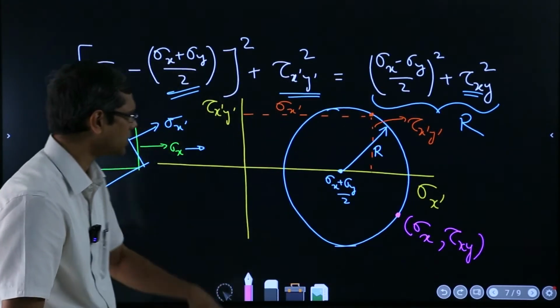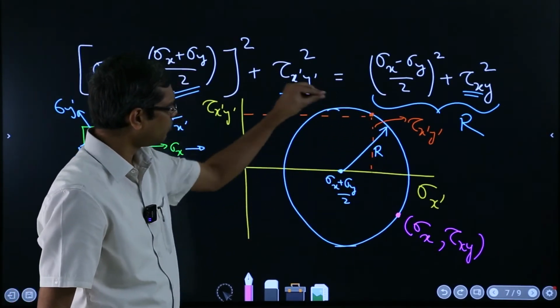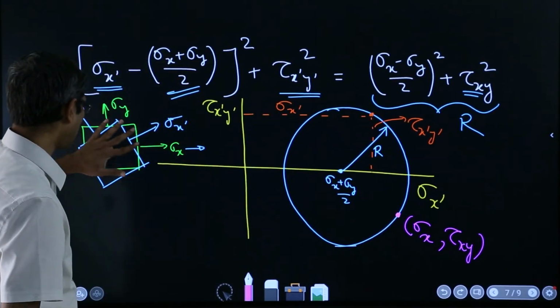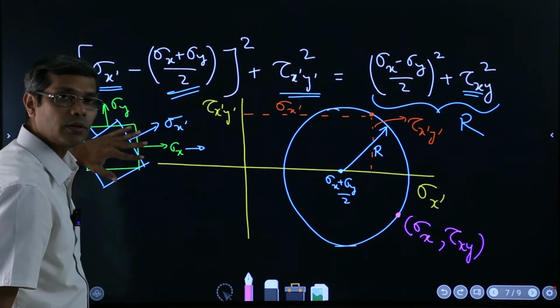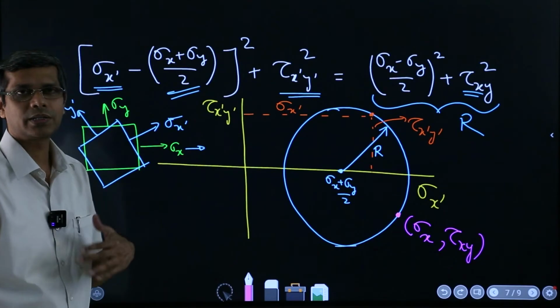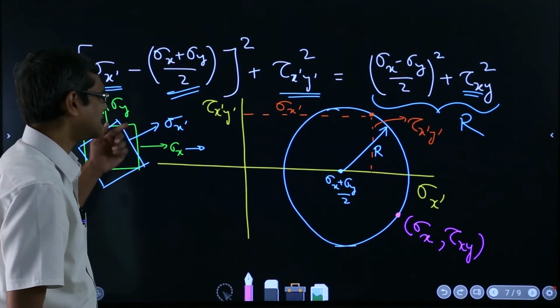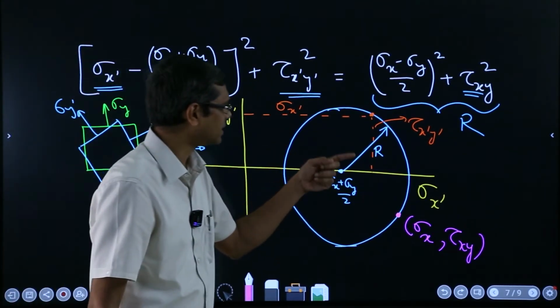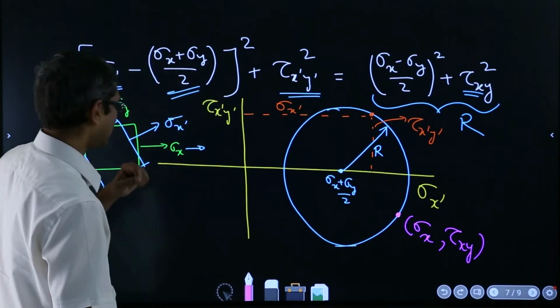It's quite possible, because as we move on this circle, basically we are moving over these rotated elemental squares, and we are seeing the corresponding stress values, sigma x and tau xy.